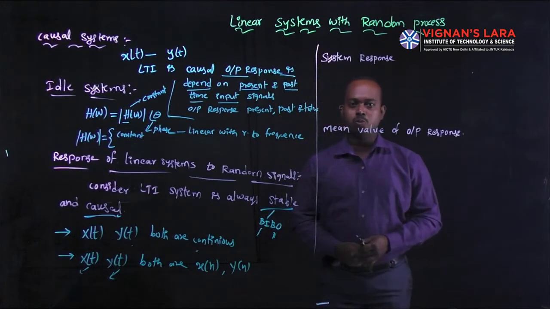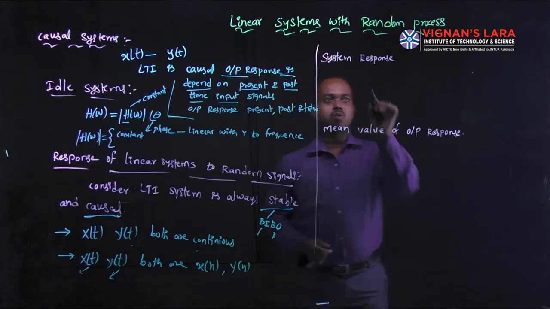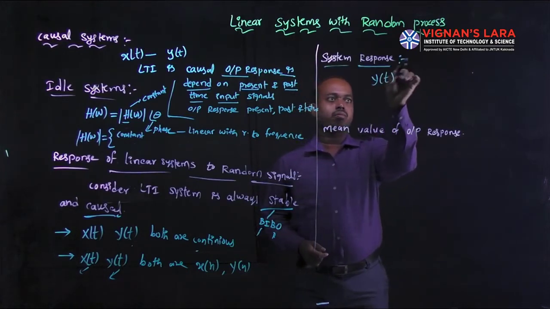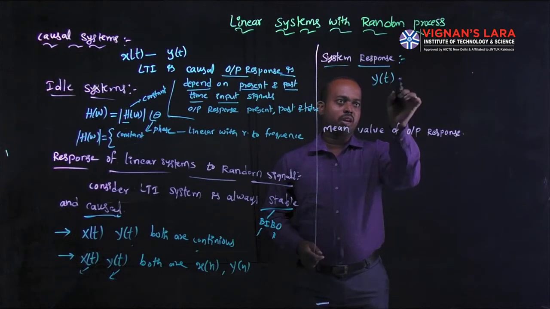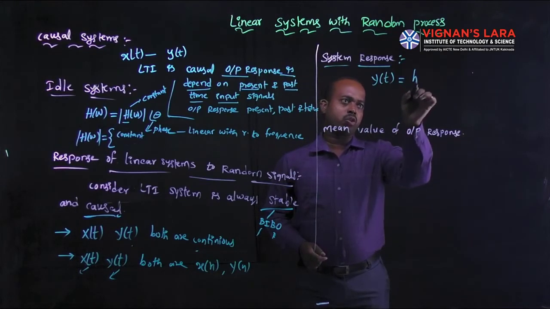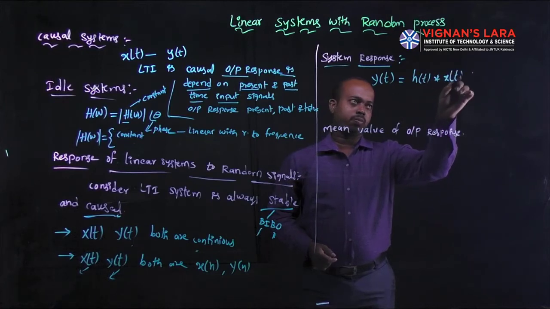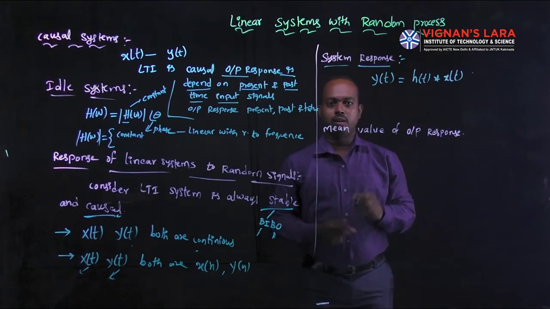The system response, we have already said, we can obtain by using the convolution. By using the convolution, y of t is equal to the convolution of the system function and the input function. Function means here the signal.